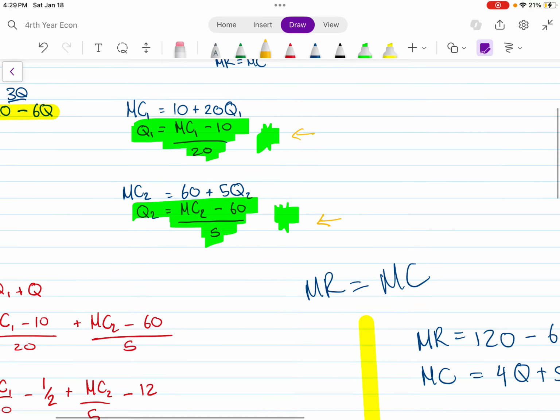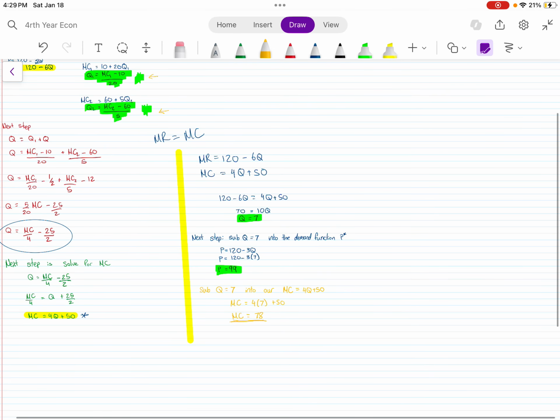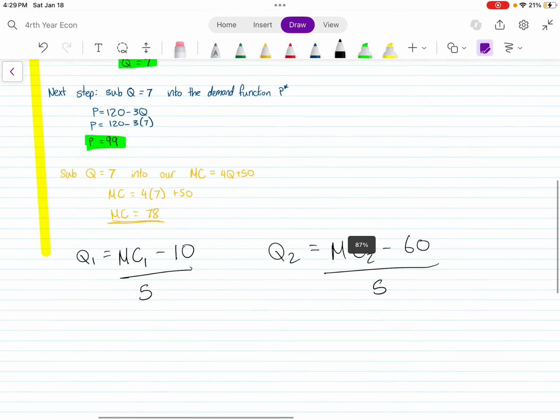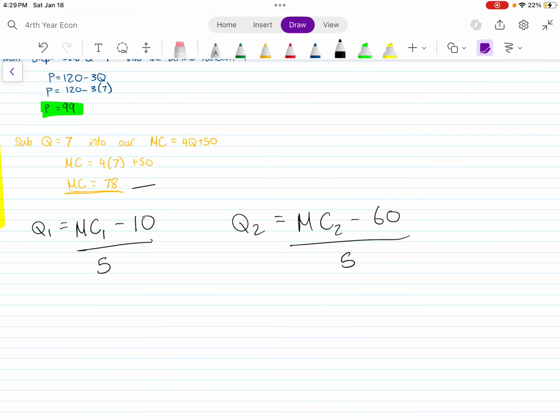So Q1 is equal to, let's write that down here real quick, marginal cost minus 10 over 5. And we have Q2 is equal to marginal cost minus 60 over 5. Now having these two equations and having the value for the marginal cost, we're able to sub in that marginal cost value into each of these equations.